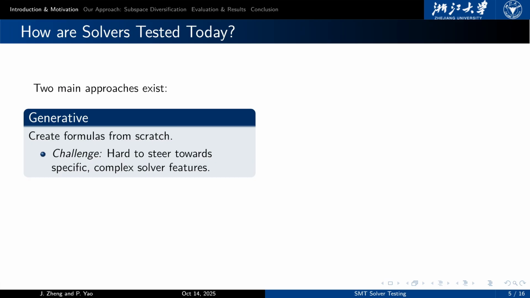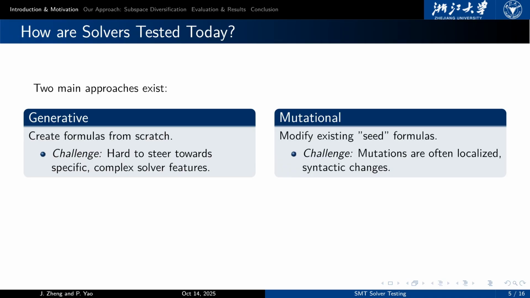So, how do we test solvers? There are two main approaches. Generative methods create new formulas. They can produce many tests, but it is hard to target complex solver features. Bugs often hide in these corner cases. And mutational approaches modify existing seed formulas.